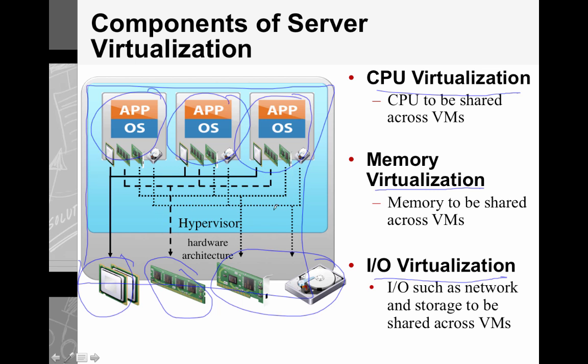The memory has to be shared across the different VMs, and the I/O communication that's happening to the NIC card, which is the network interface card, and the hard drive also has to be time sliced. So server virtualization is all about sharing CPU, memory, and I/O resources across the different virtual machines.